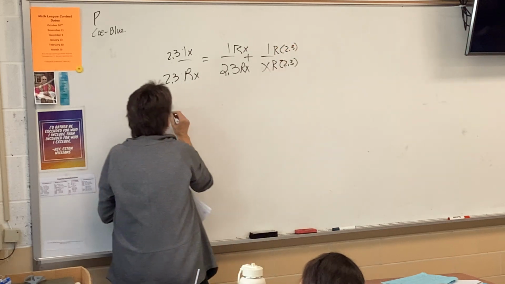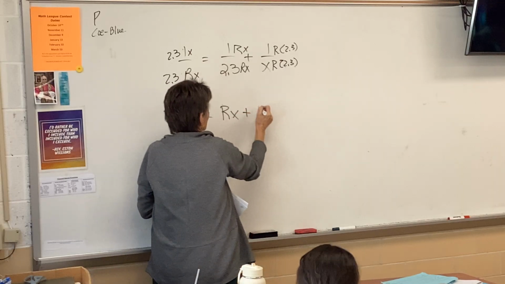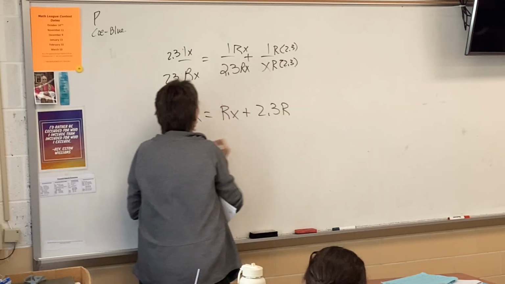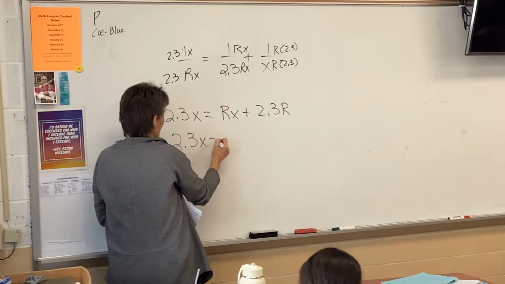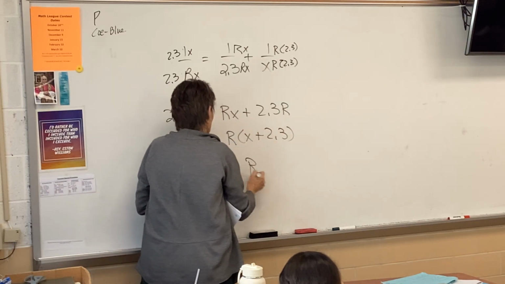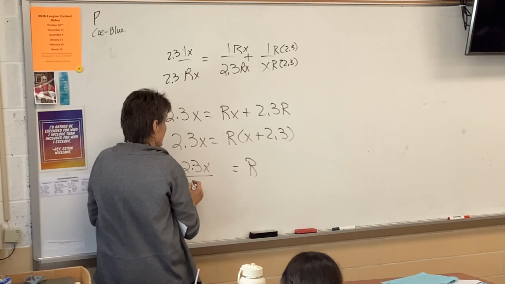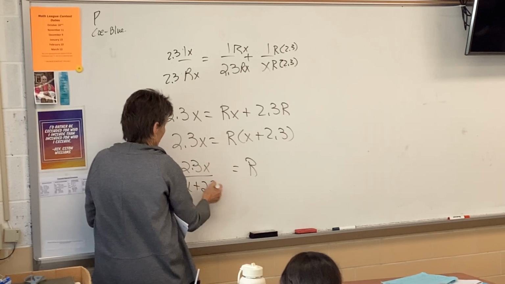And ended up with 2.3x equals Rx plus 2.3R. Factored out the R and divided. So this is what I had yesterday in terms of the numbers that you handed out. Okay?